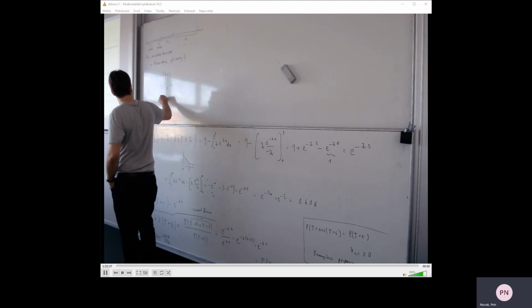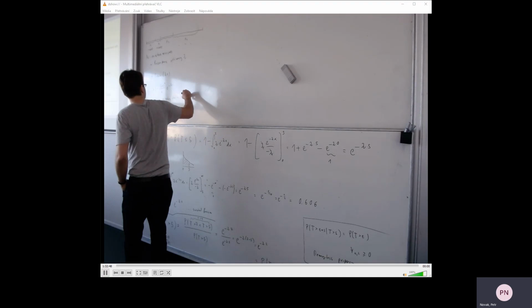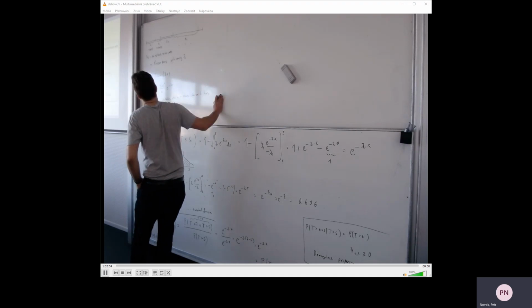That is the probability that in t minutes there were k buses.